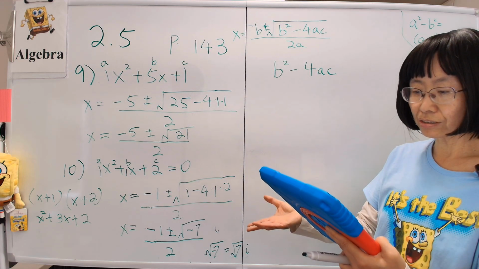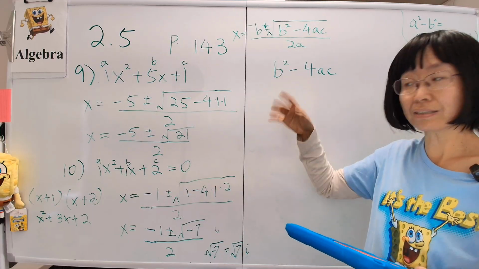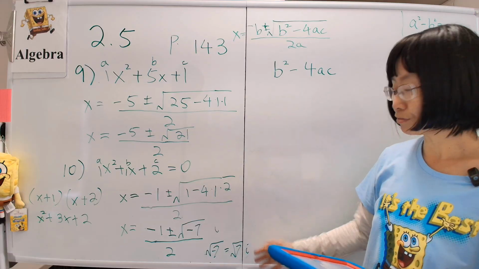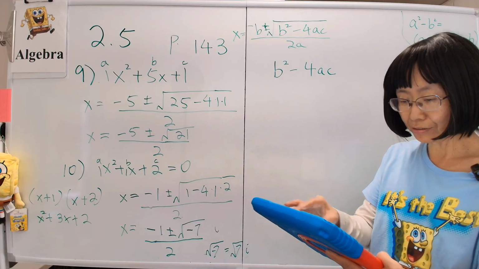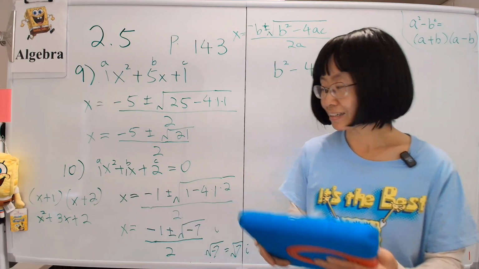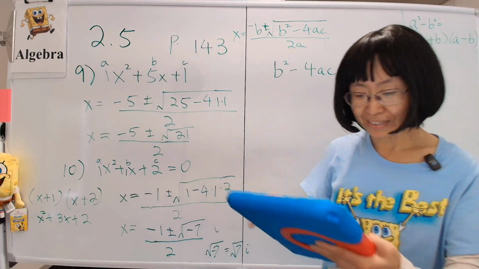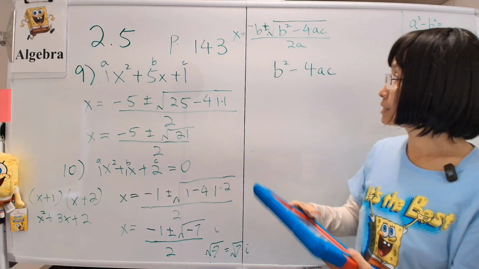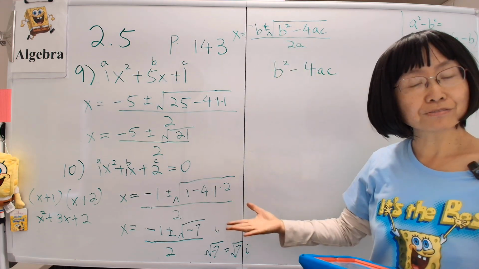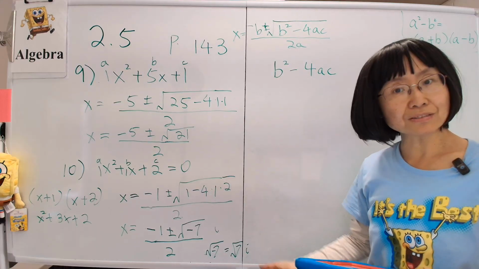The two solutions could be rational or irrational depending on whether this thing is a perfect square or not, that is, whether you can take the square root of it. And finally, if it's less than 0, we have two complex or imaginary solutions. Anyway, that is just something to be mentioned. In reality, we're just going to apply this and crank something out. Basically, you just have to remember that if this value is positive, we get real number answers, and if it's negative, we get imaginary number answers.